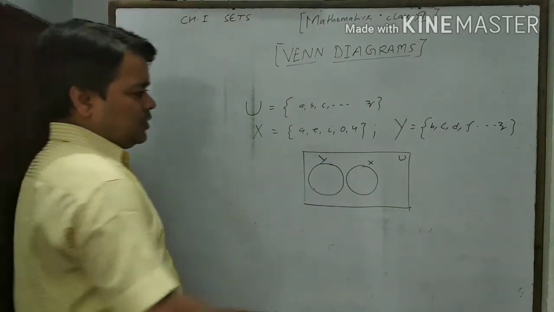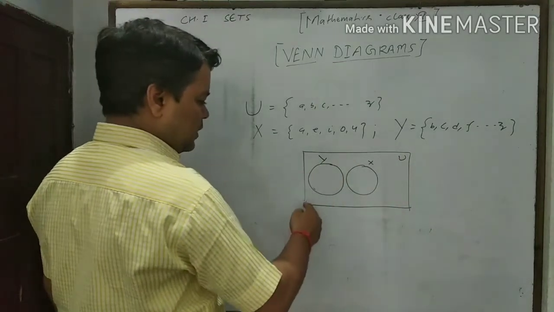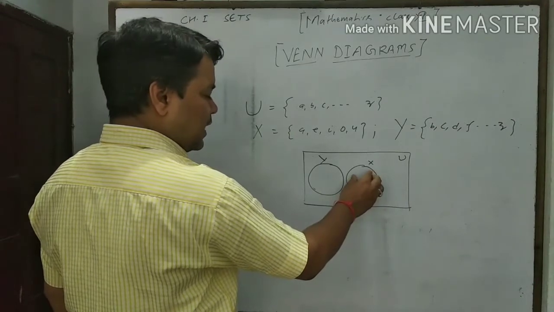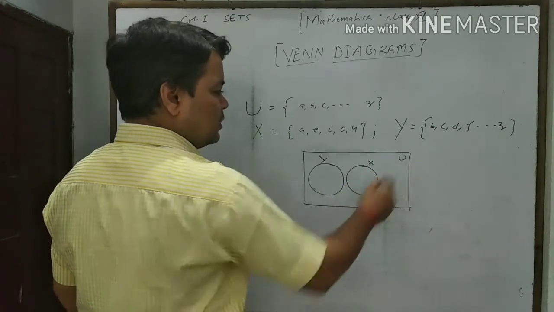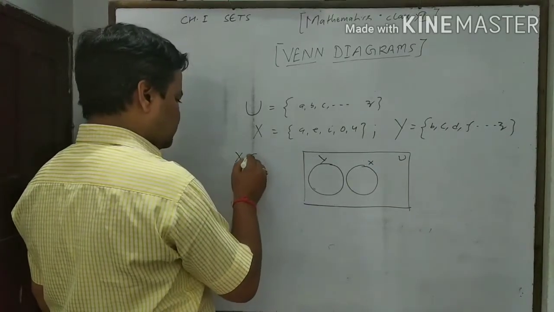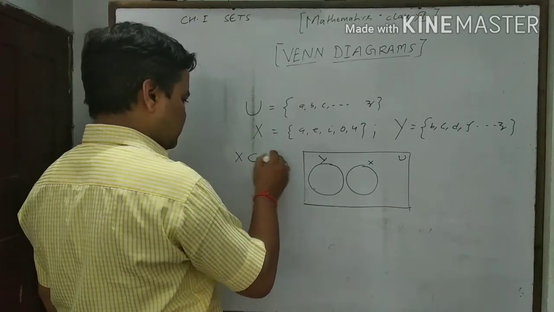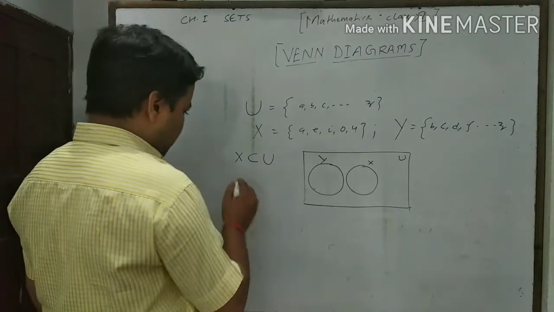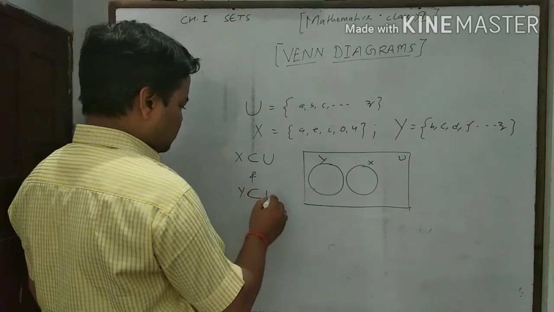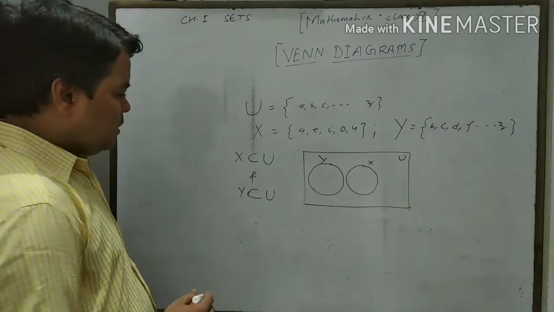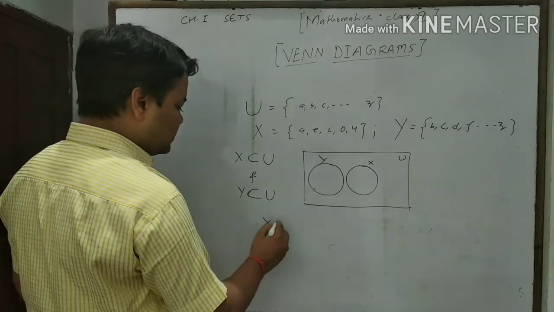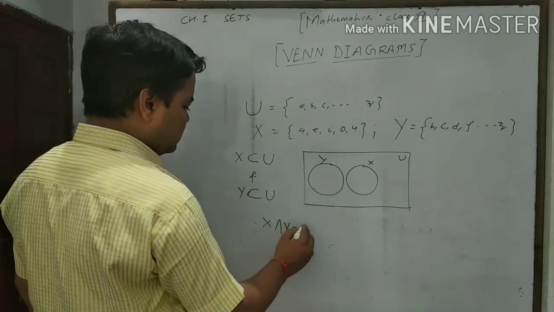U is the universal set in the form of a rectangle. X is a subset of the universal set U, and Y is also a subset of the universal set. But X and Y are disjoint. Disjoint means X intersection Y is empty.